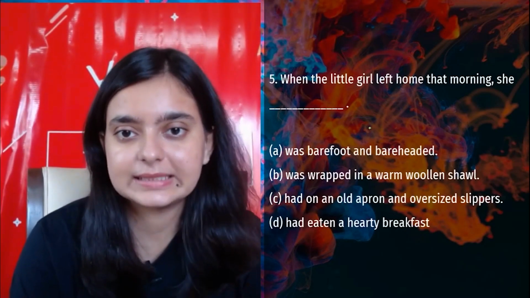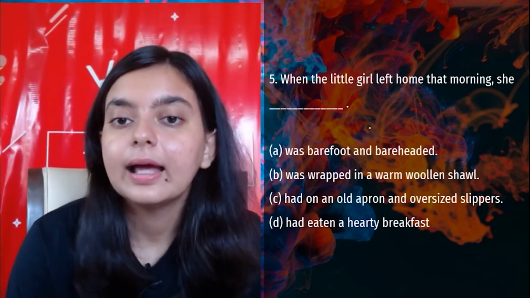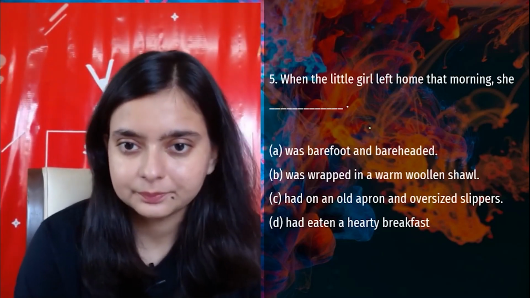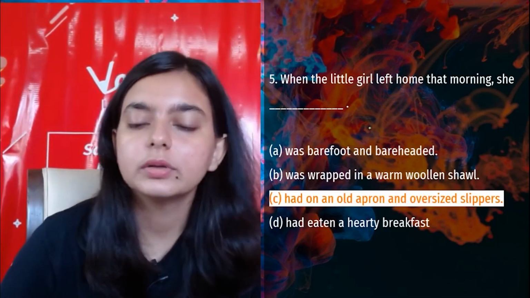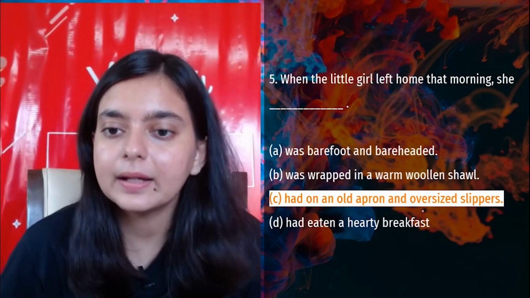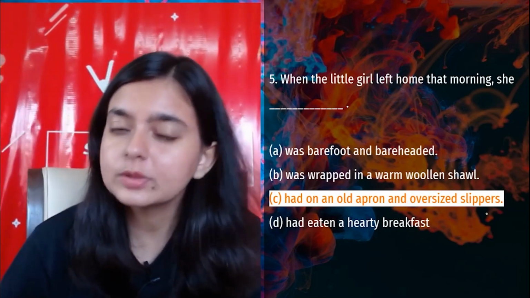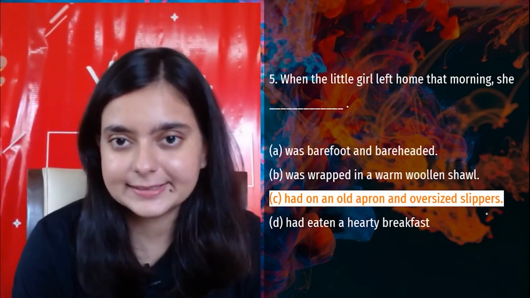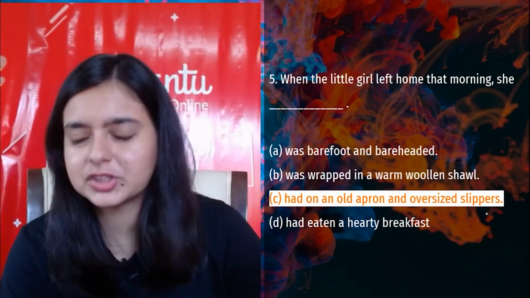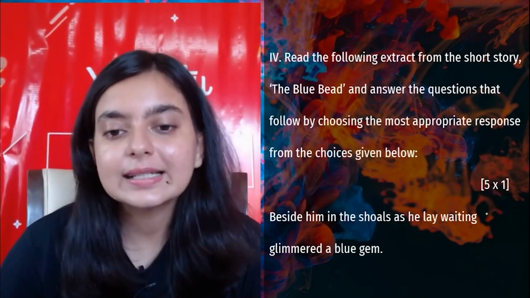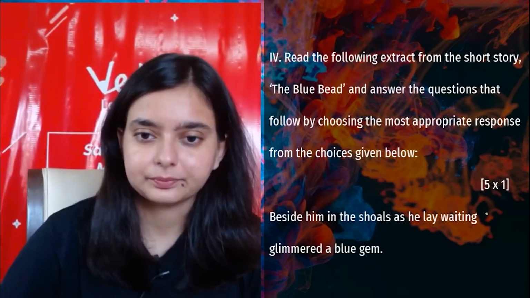Okay, several matches. When the little girl left home that morning, she dashed. She had on an old apron and oversized slippers. So those slippers were not of much use for her because they were oversized, right? So this is a pretty simple question, a direct text question. It's a text-based question.